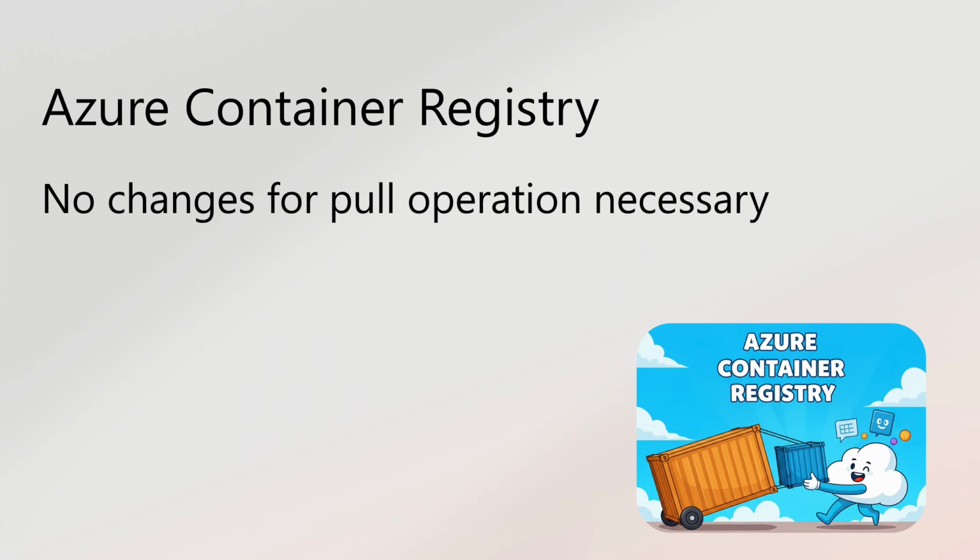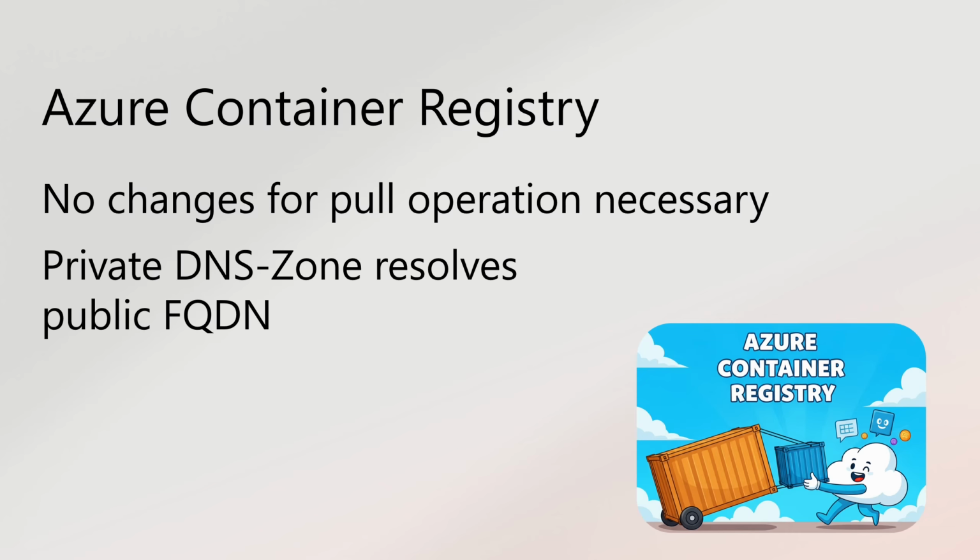What's great about this approach is, first, obviously, it's more secure, but also our developers don't have to change anything. Because when AKS pulls the image, it resolves the name or the URL of the container registry from the private DNS zone, and it just points to the private endpoint. So we don't have to change anything in the pull.